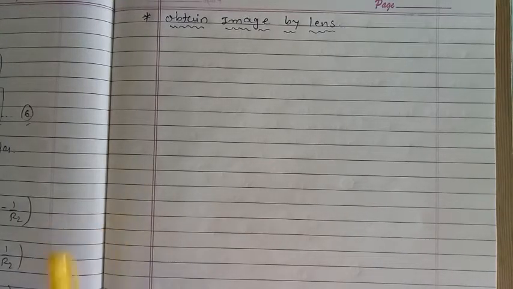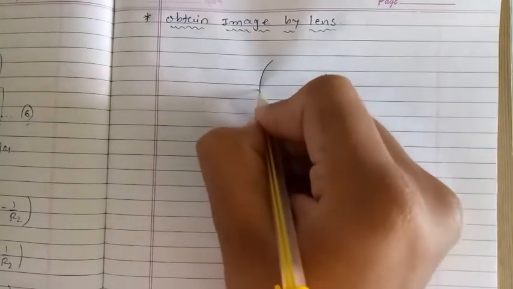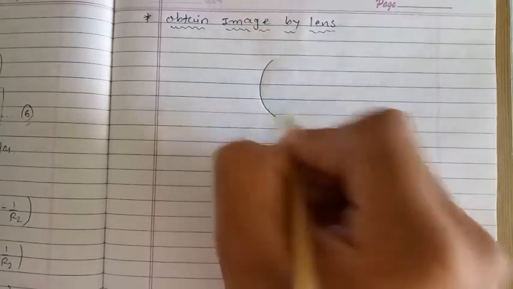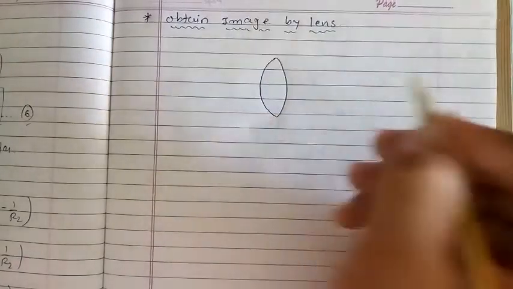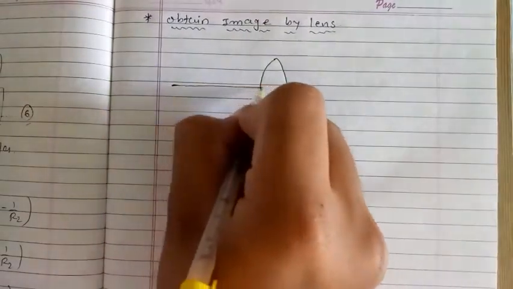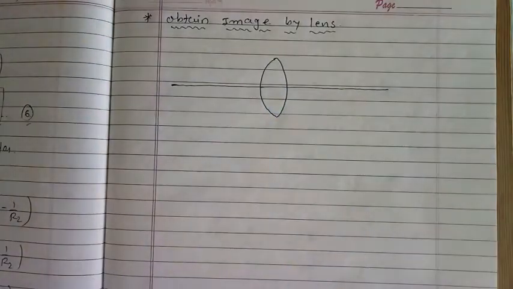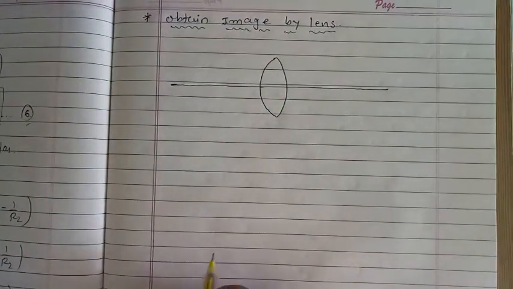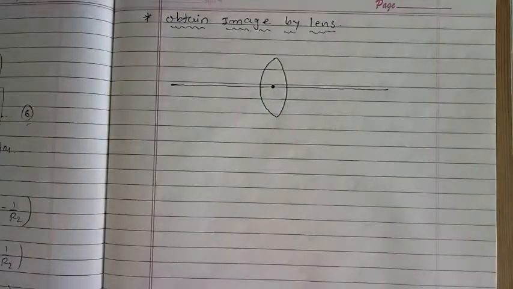So here, see, this is our convex lens, right? Principal axis, and this point is the optical center, right?